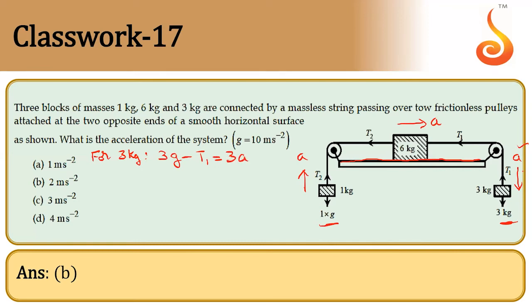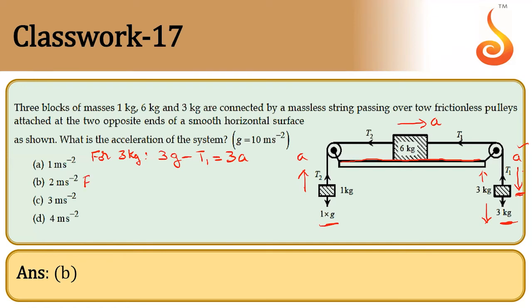Net force should be equal to mass into acceleration. Downward force is 3g, upward force is T1. Under the action of these two, it is moving downwards. So 3A, the net force, should be equal to 3g minus T1.